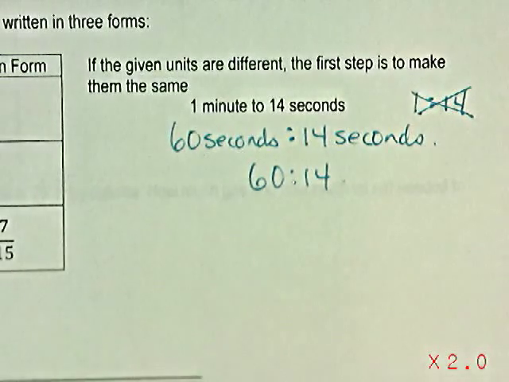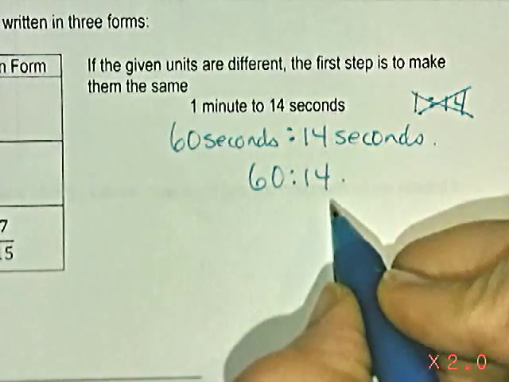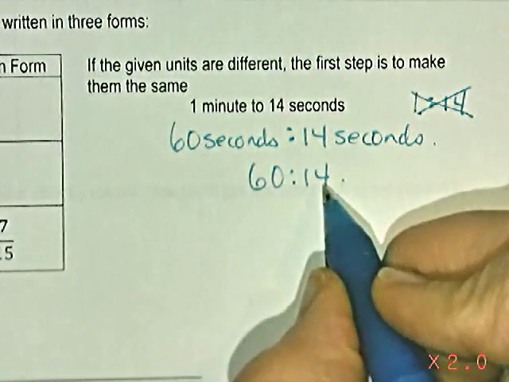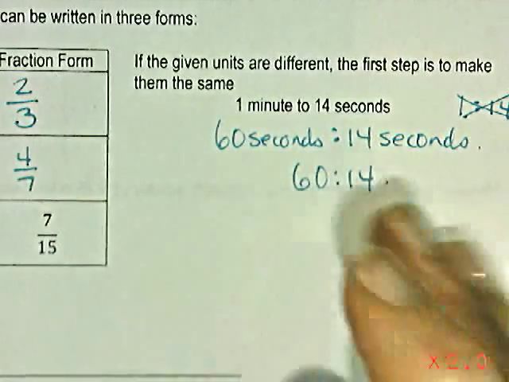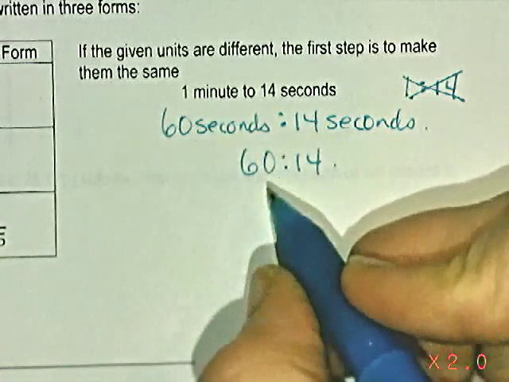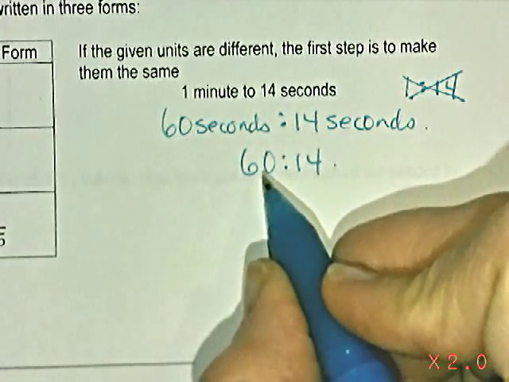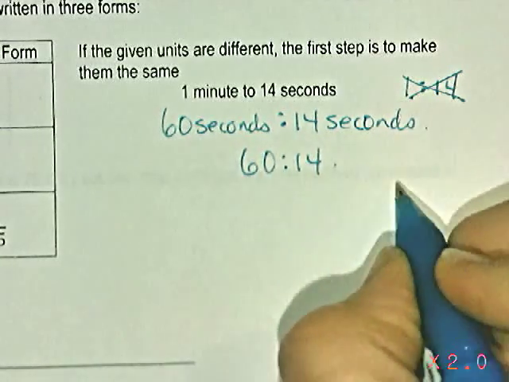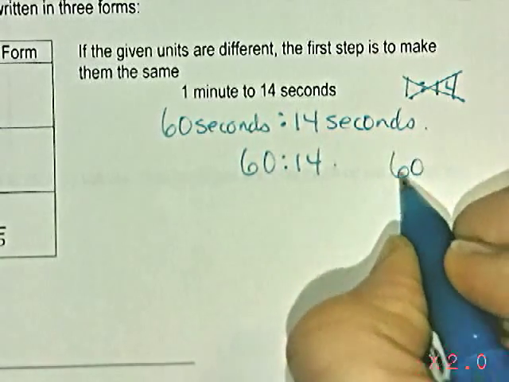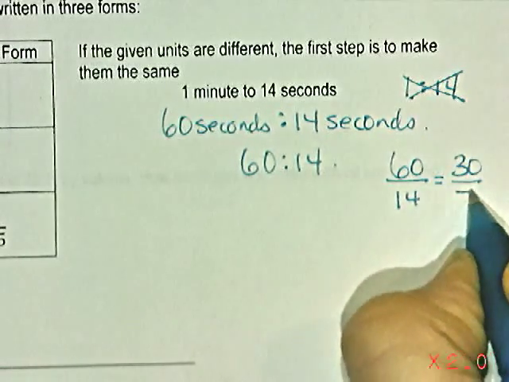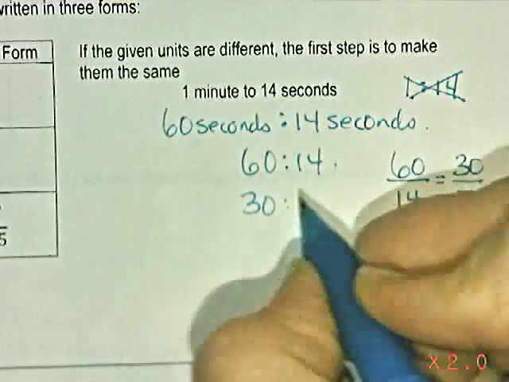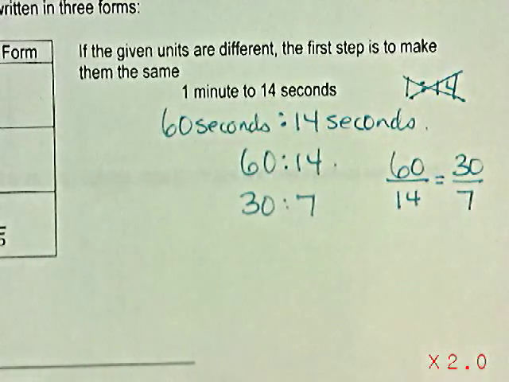But I would actually not leave it there, this is something we're going to talk about in the next section, because it's not a fully reduced ratio, just like we wouldn't leave a fraction that needed reducing. This ratio would be considered 60 parts to 14 parts. We could represent it as 60 over 14, and then of course we would reduce it by 2 and by 2, and so we could represent this with a reduced fraction of 30 parts to 7.